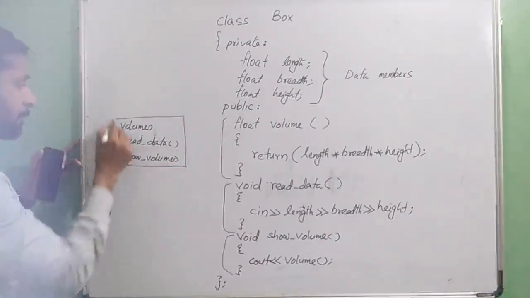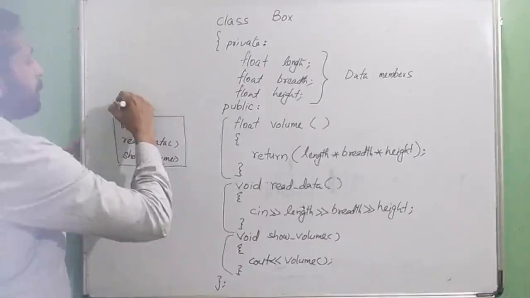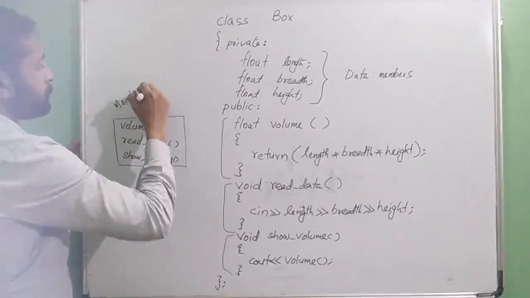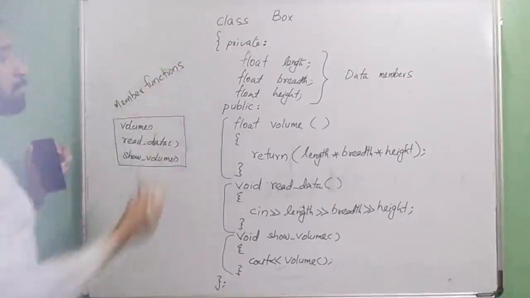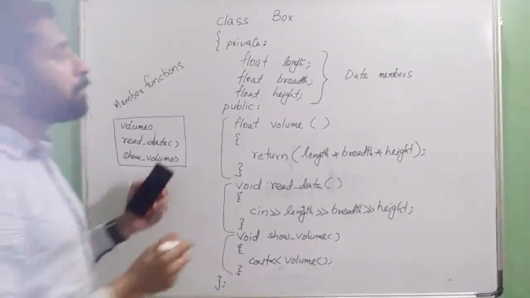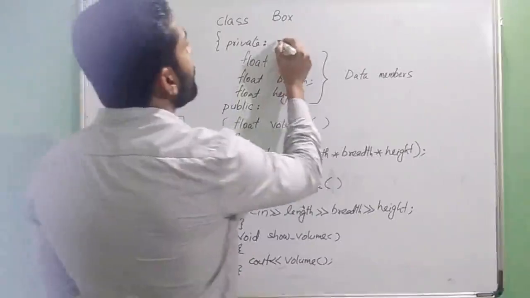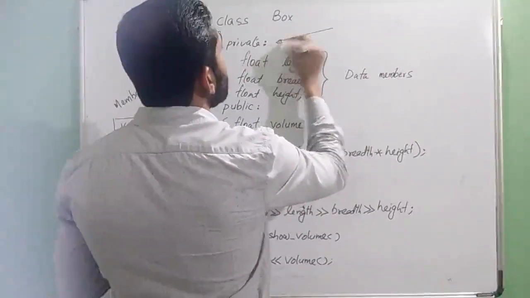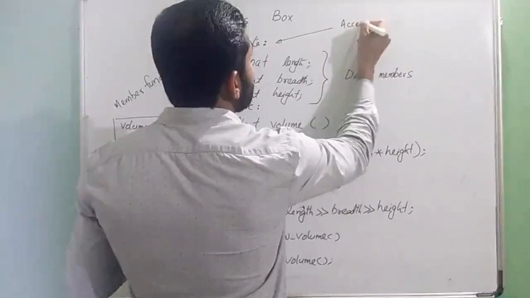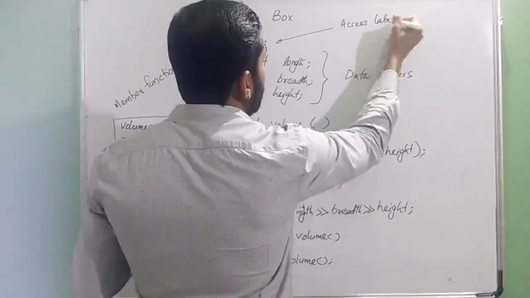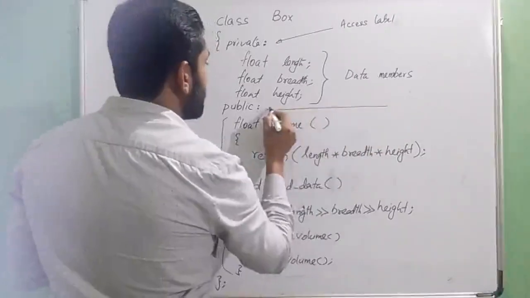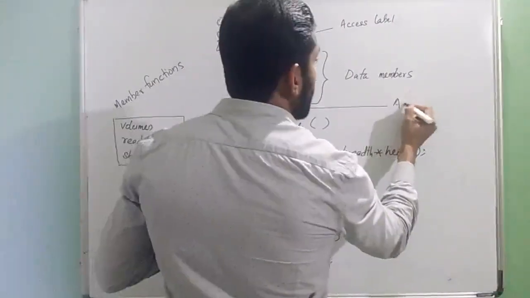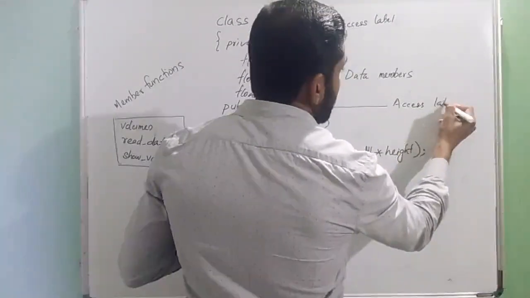These three are member functions. Now this private is an access label. This public is also an access label.